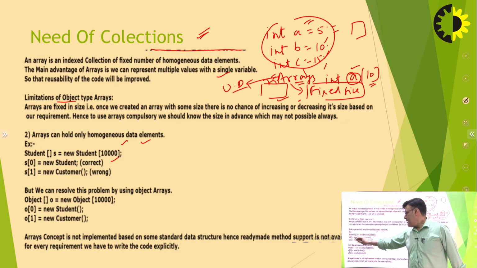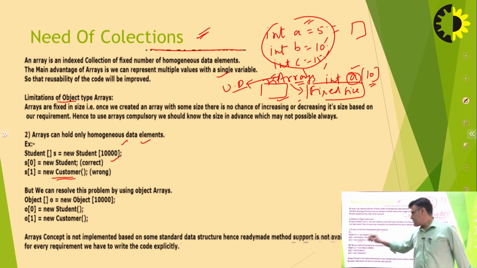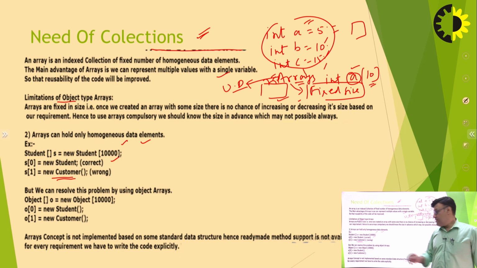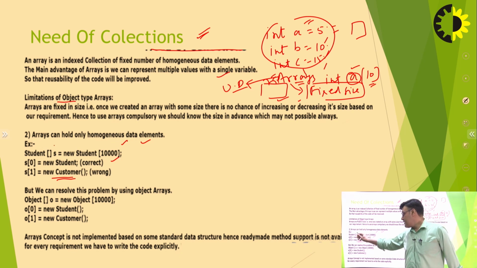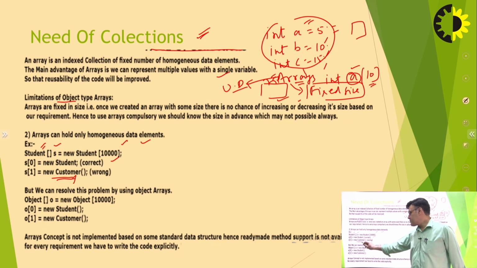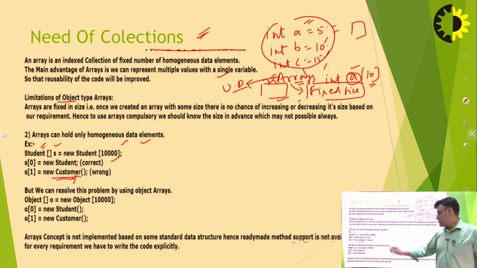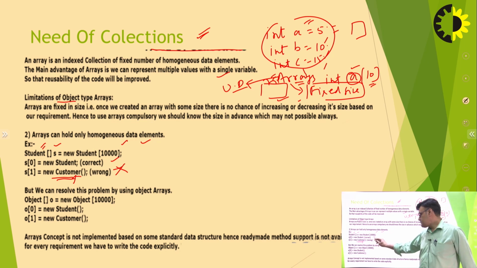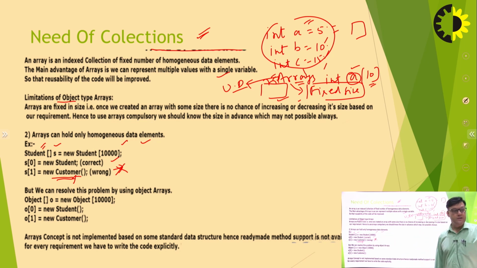But if now I am taking this Customer, then we have made an object reference of this Student type array, but here we are using Customer. So a compiler error will be given by the Java compiler. This will not be executed.